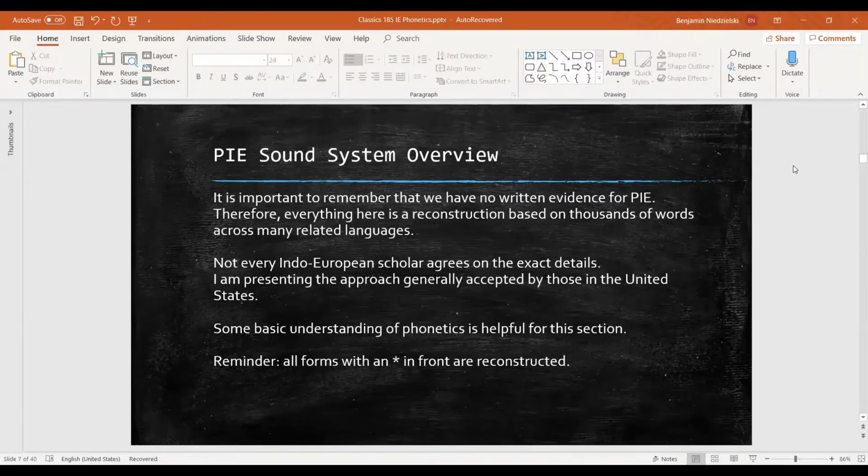So throughout this discussion, we are going to assume some basic understanding of phonetics, and I will do my best to talk about what these terms mean. And finally, a reminder that all forms with an asterisk in front of them are reconstructed. So that means we do not have any written evidence for them directly.